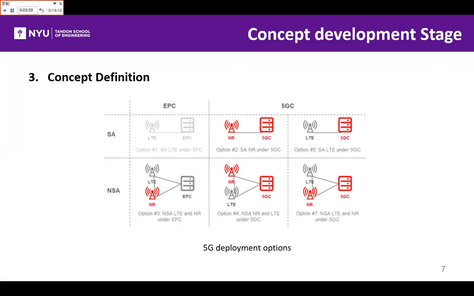Next, we are facing some challenges for the 5G system. Here, the biggest challenge is that the 5G system requires a huge amount of investment in both money and time.